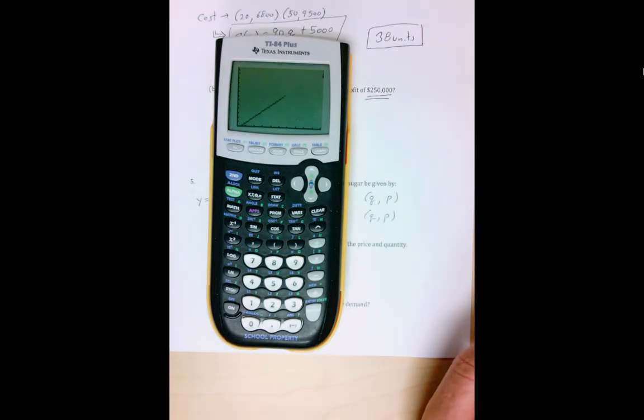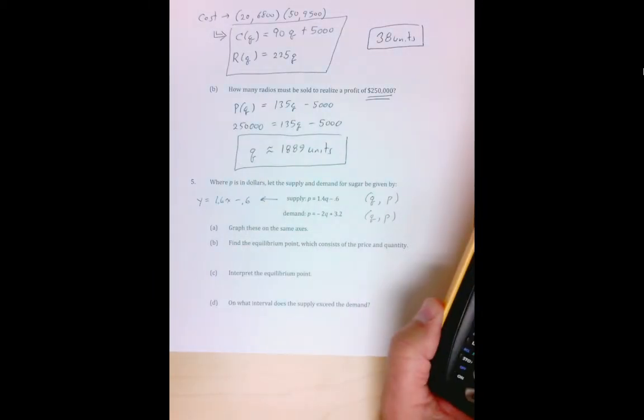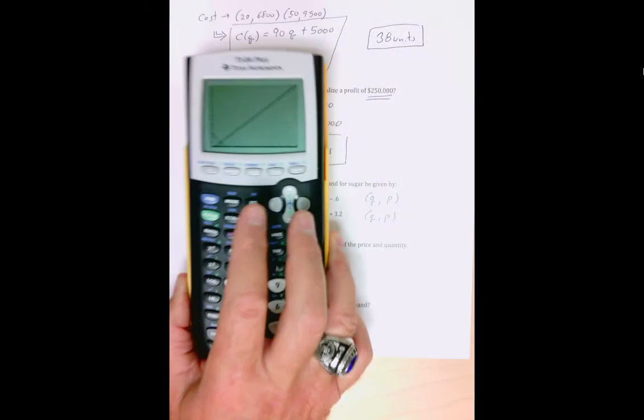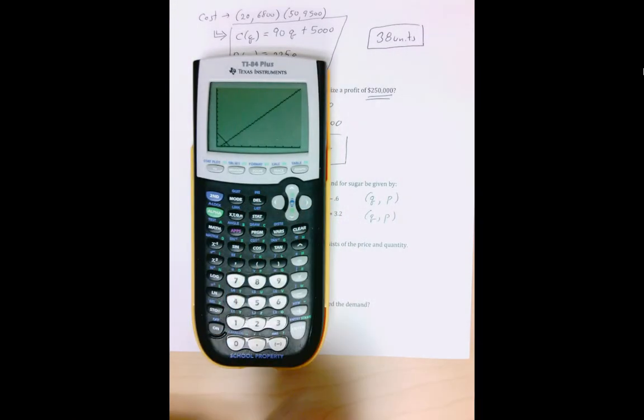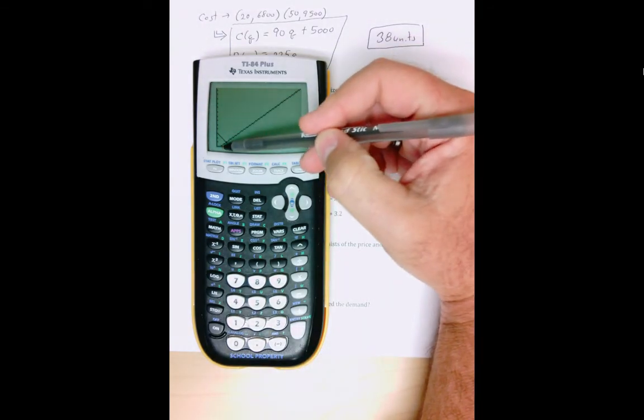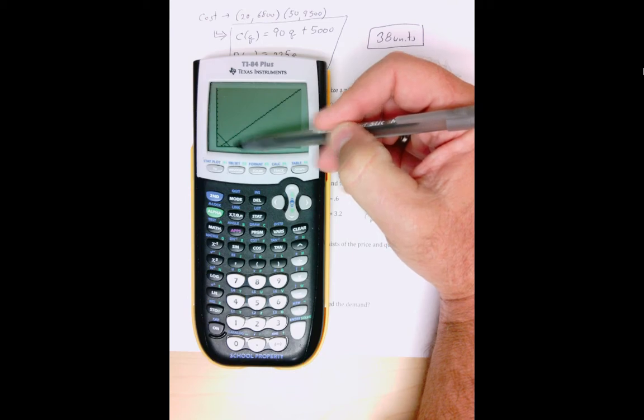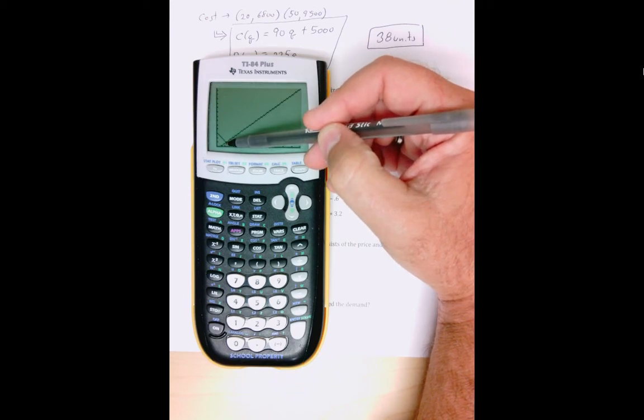So let's graph this thing again. Now, this is strange. I don't know what in the world is going on for sugar. It must be pounds of sugar, or millions of pounds or something. But really, I've got 1, 2, 3 to get my equilibrium point.